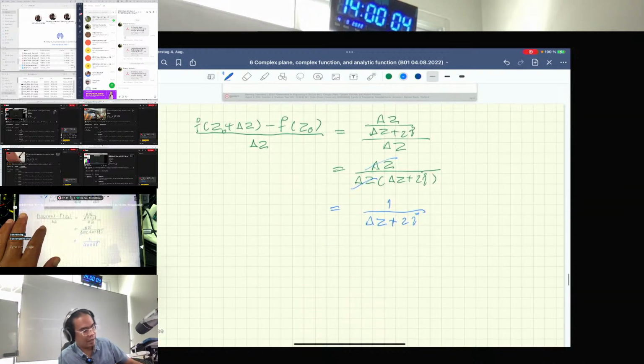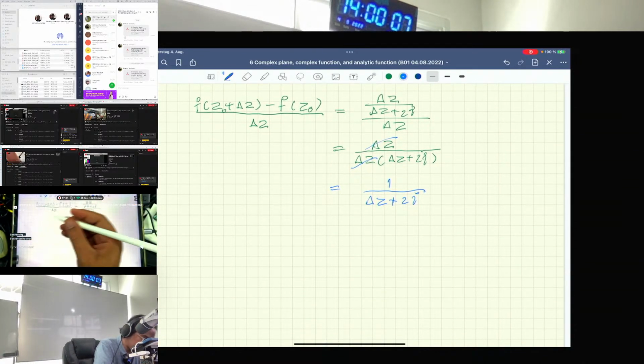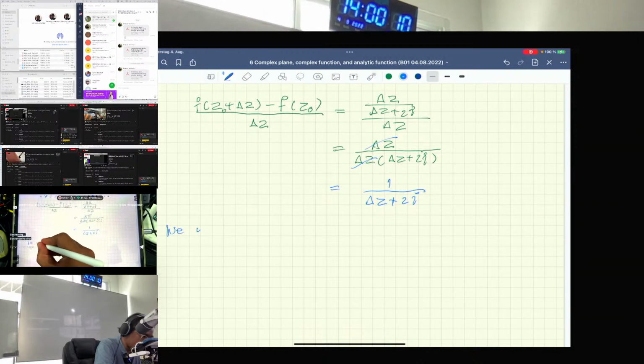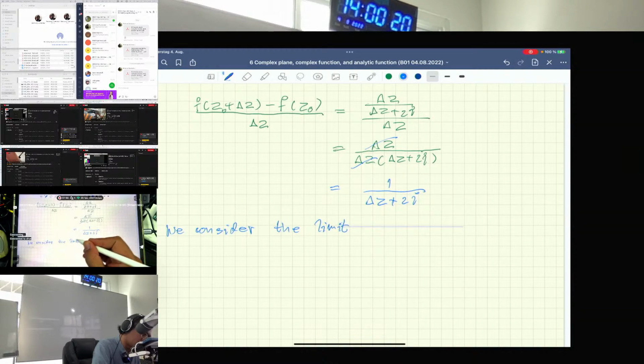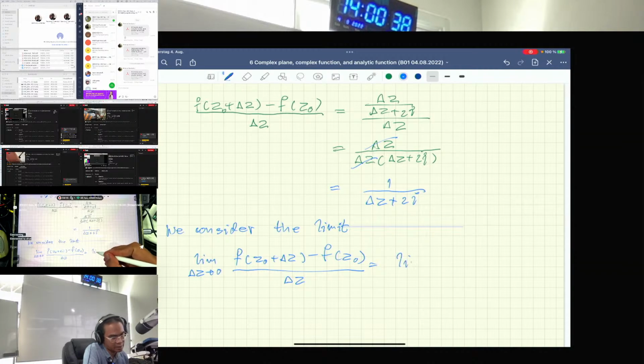Okay, and now we consider the limit. The limit as delta z goes to 0 of f of z0 plus delta z minus f of z0 divided by delta z will be the limit as delta z goes to 0 of this term, 1 by delta z plus 2I.